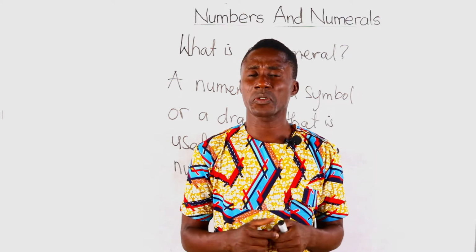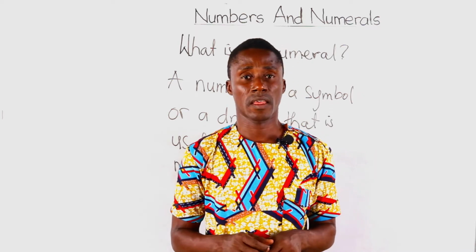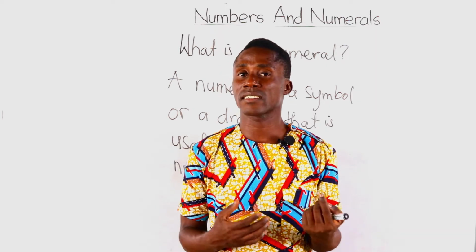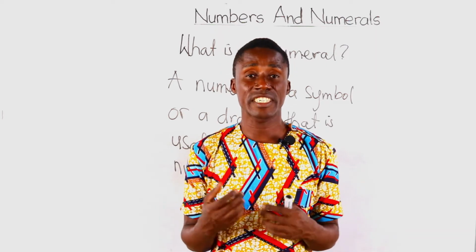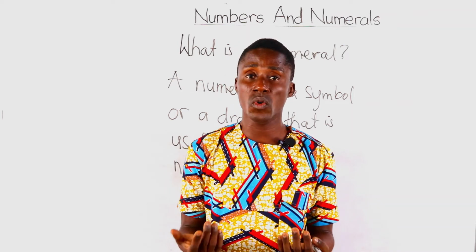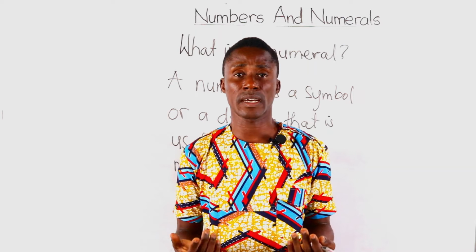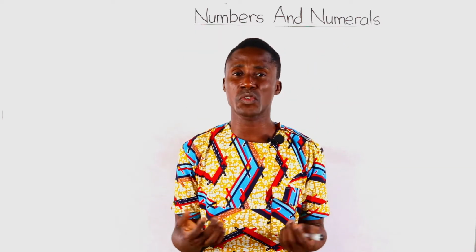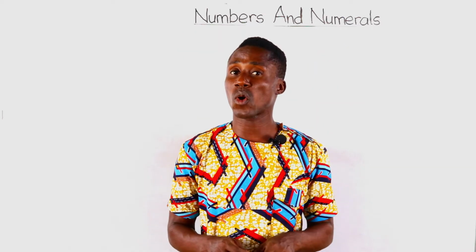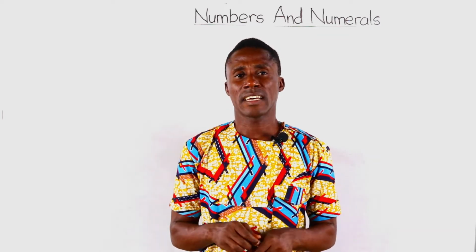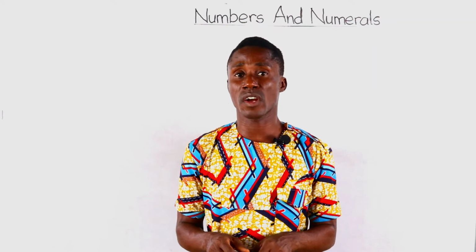We are still on the story of numbers. Now, humans at different places on earth created their own symbols that they used to stand for numbers. Symbols that are used to stand for numbers are called what? Numerals. So let's look at some examples of those numerals.